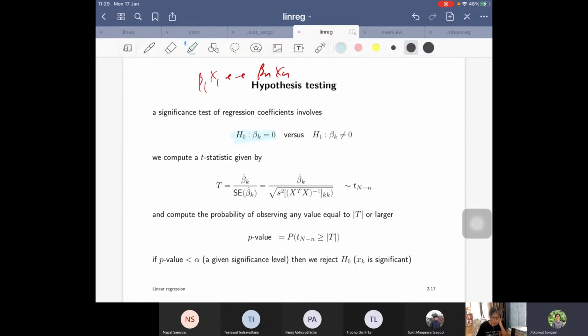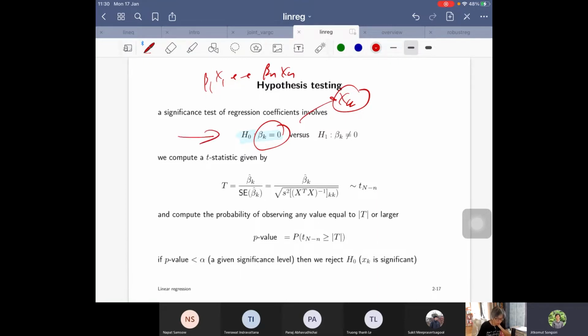Because if beta k is believed to be 0, it means that your variable xk is not significant. It should not be included in the model. And this is how the statistical test is performed, using the null hypothesis as this. And of course, the alternative is that beta k is non-zero.